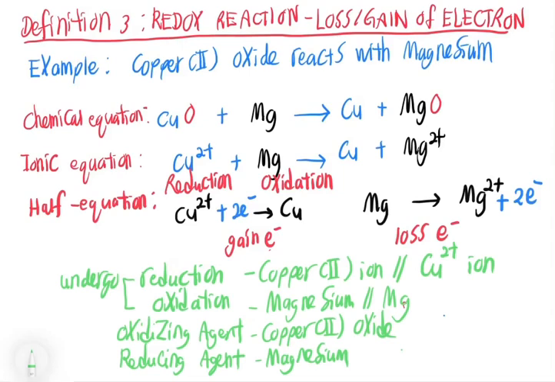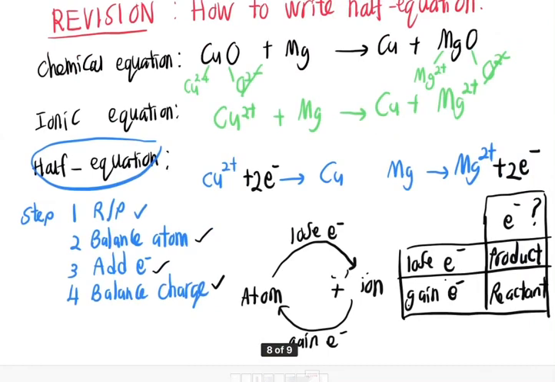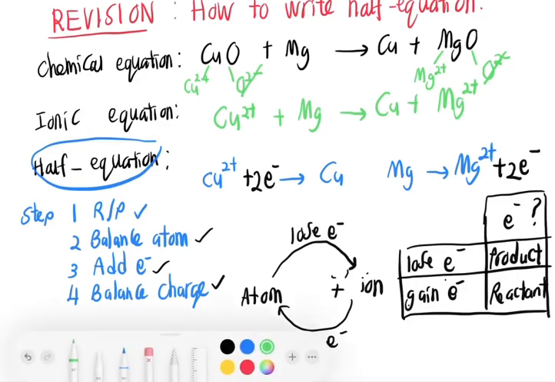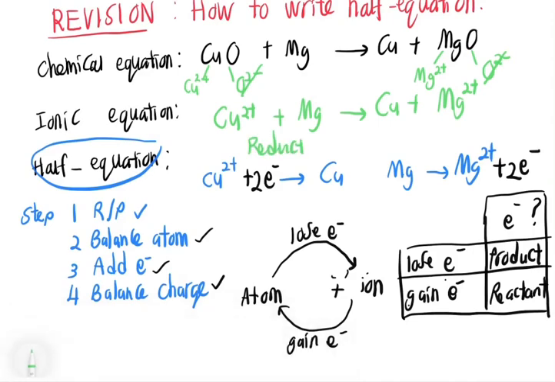So that will be very clear in terms of loss or gain of electron. However, in order to do that, you need to familiarize yourself on how to write half equation. Since this one is gaining electron, this is half equation of reduction, and this one is half equation of oxidation by losing electron.